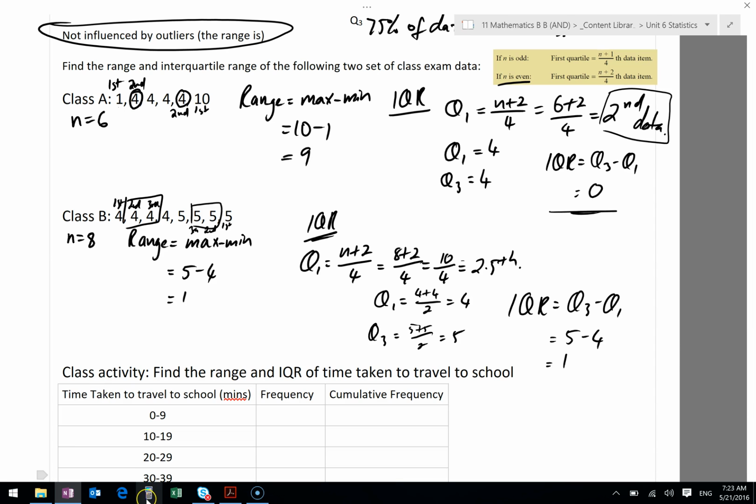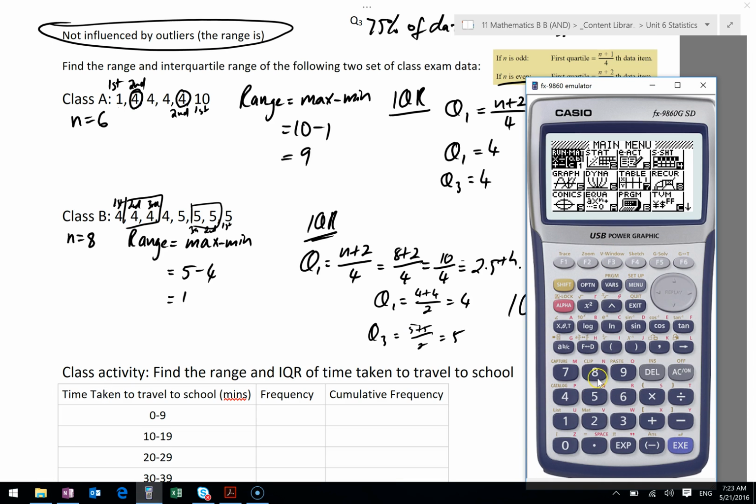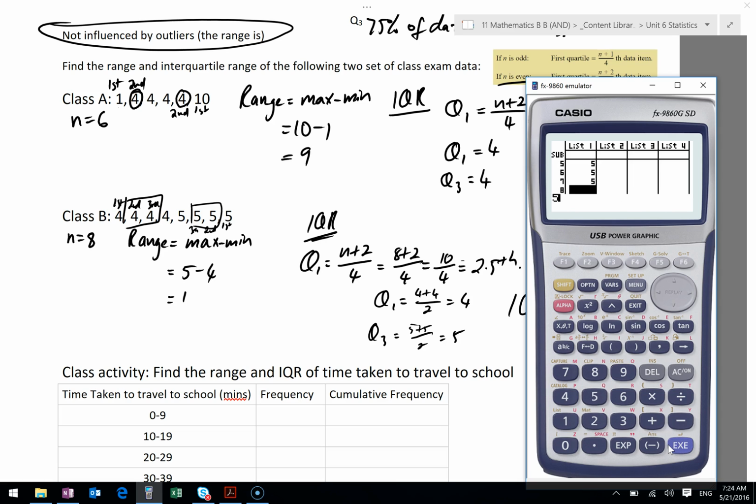Obviously we don't want to be doing these manually for our whole life, especially if we're working on the census where we're going to have 24 million people responding to a survey. So I can enter the data into a graphics calculator list, and then remembering my calculator drills, I want to do a calculation, individual data, list and frequency 1, and I'll press this button.